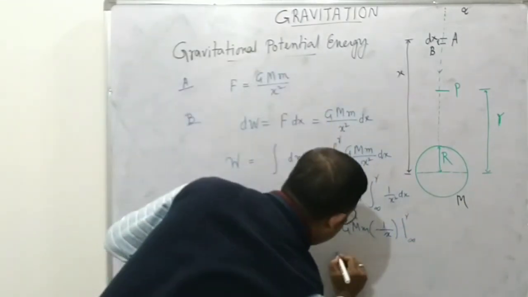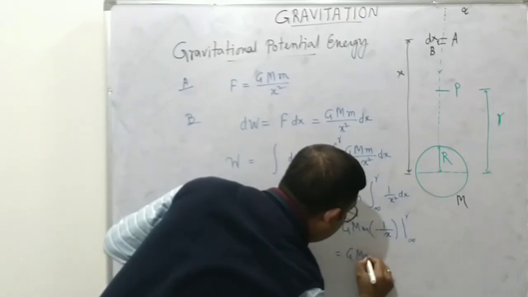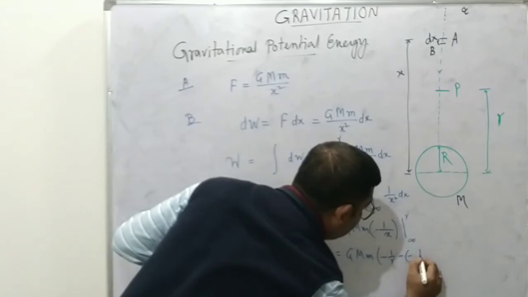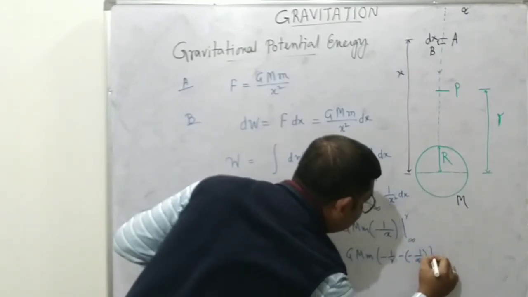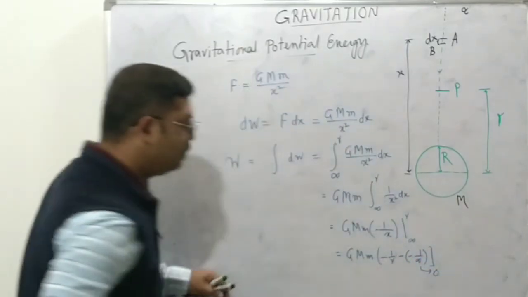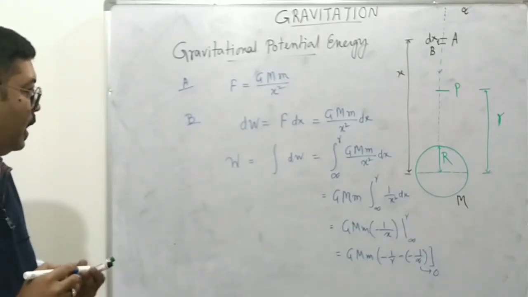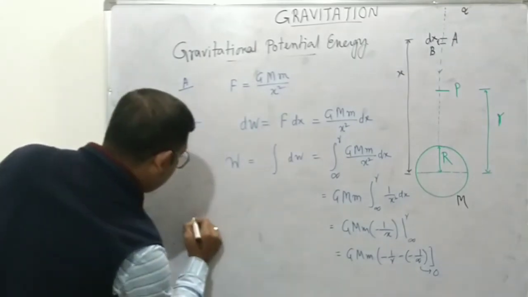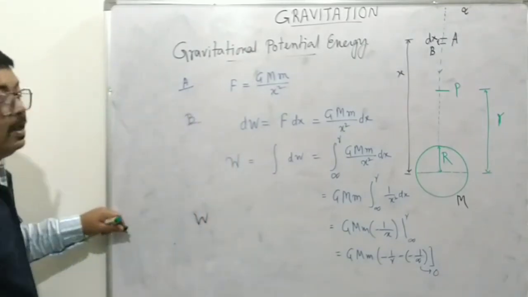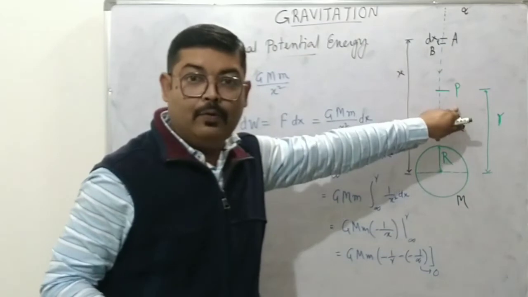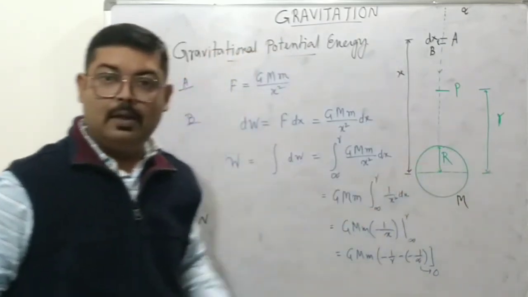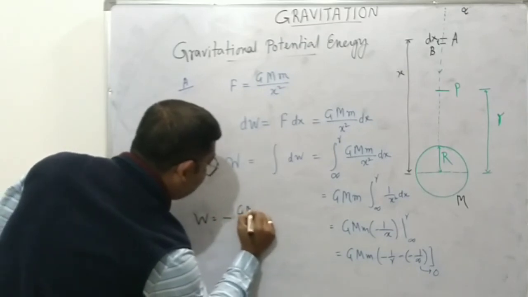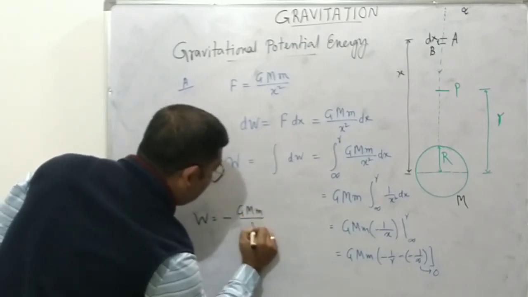If we solve this, we get GMm times minus 1 by r minus 1 by infinity. This term is 0, which means the total work done in bringing the object from infinity to point P, which is at a distance of small r from the center of the given mass, is minus GMm by r.